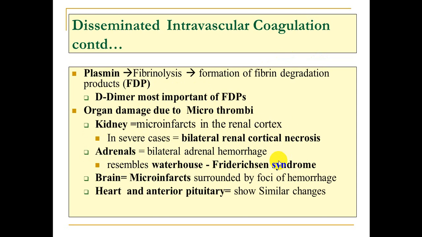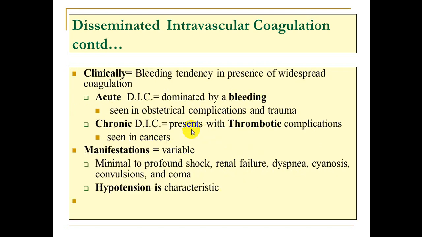Organ failure is the most important cause of morbidity and mortality in patients with DIC. The most commonly affected organs are kidneys, brain, heart, and lungs.